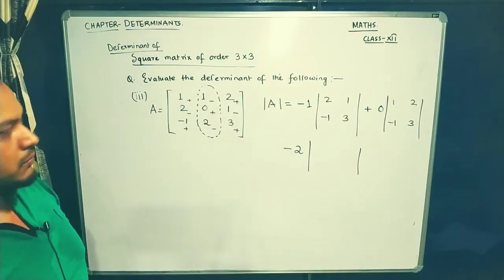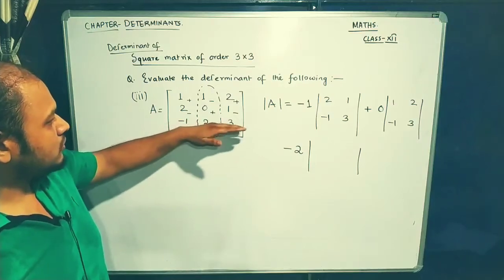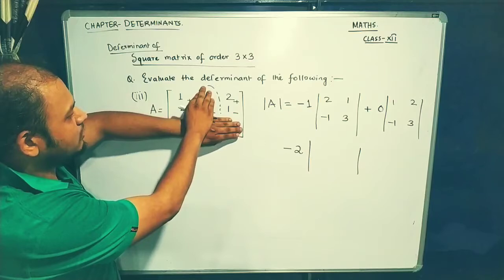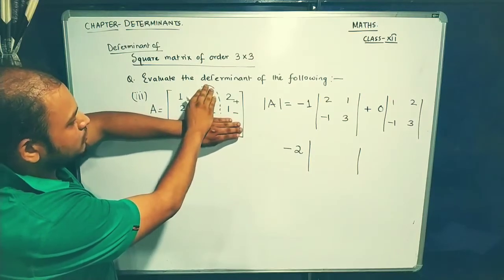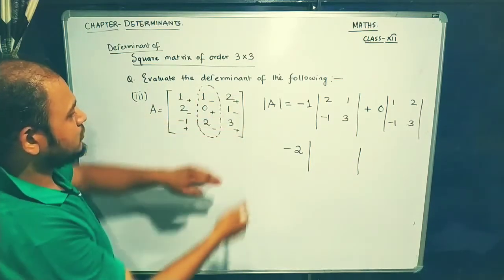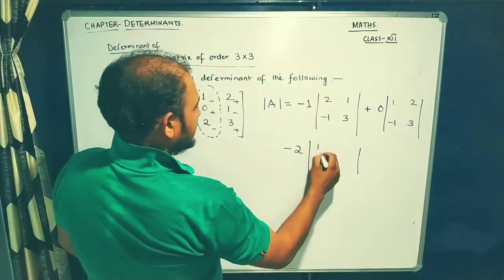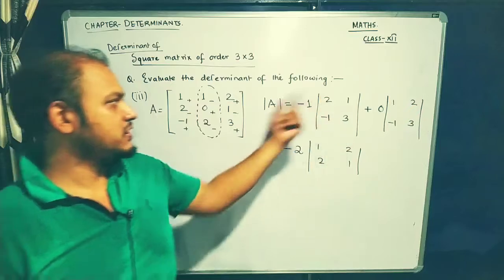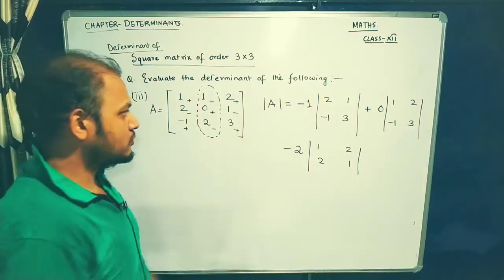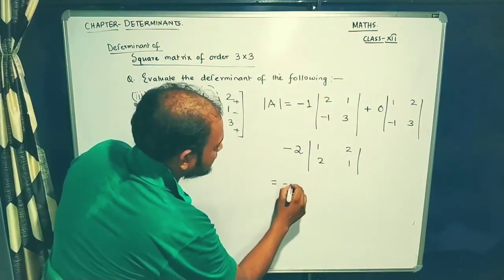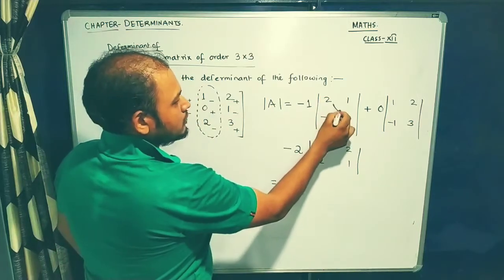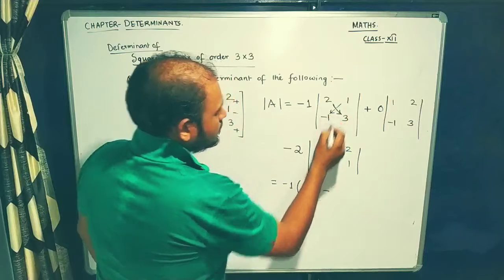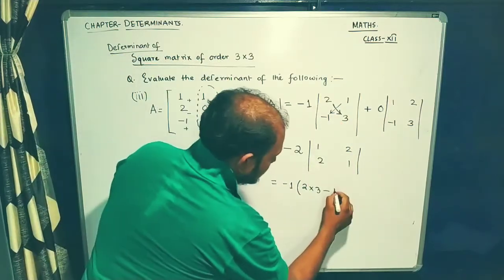Now hide the row and column. 2 belongs to the third row and second column. So try to hide the third row as well as the second column. Which numbers do you see now? Do you see these 4 numbers? So place them there. 1, 2 and 2, 1. And that is nothing but the determinant of this matrix. Try to simplify it: it is minus 1 into 2 into 3 minus 1 into minus 1.